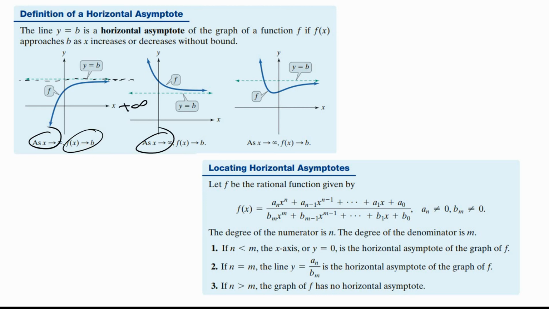So y equal to b is said to be a horizontal asymptote. Now, how do you get that? We look at locating horizontal asymptotes. You're going to look at n, which is the degree of your numerator. Then you look at m, which is the degree of the denominator.